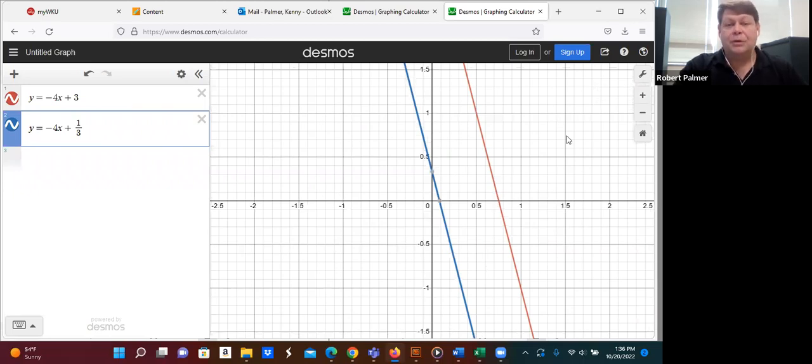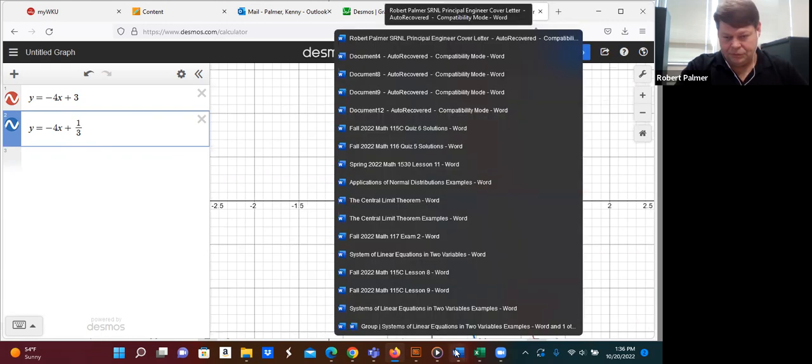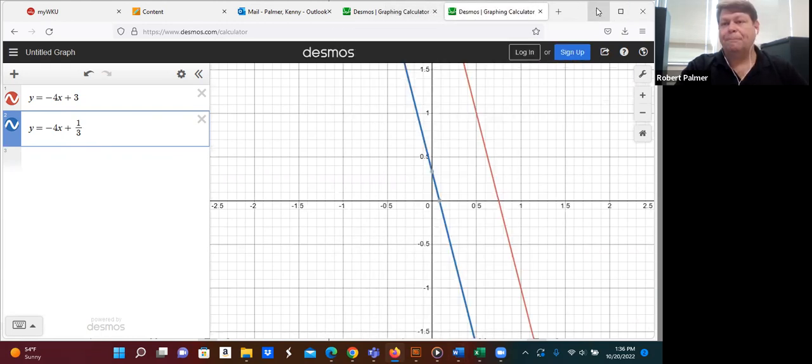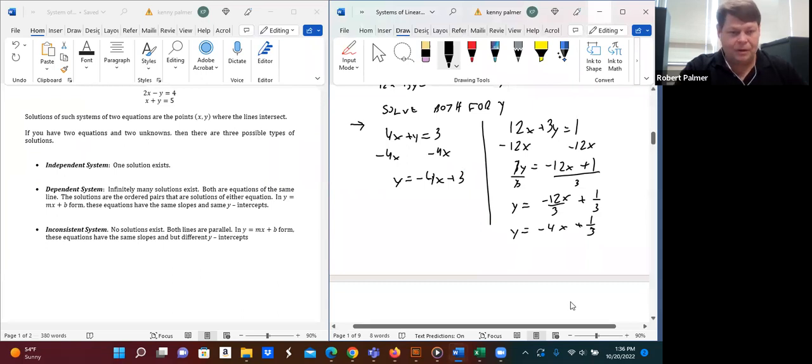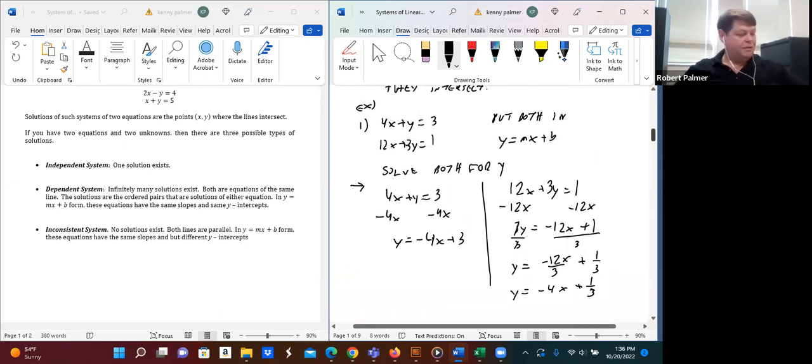Oh, I apologize. I wasn't thinking. What I've written here is actually two equations that have no solution. So let me change that. I apologize for that. Let me change something here. Once again, I apologize. I realize I thought the system I picked would have a different solution.